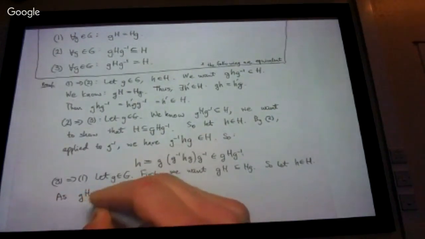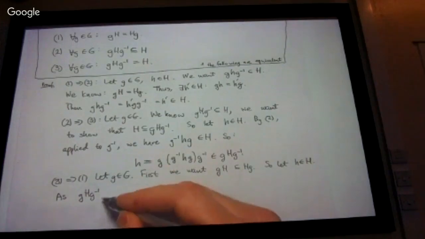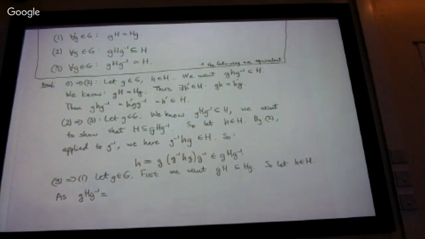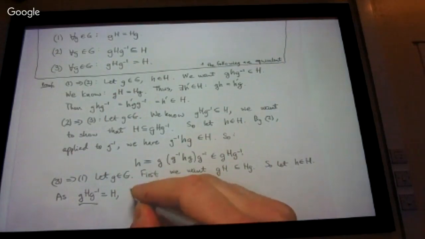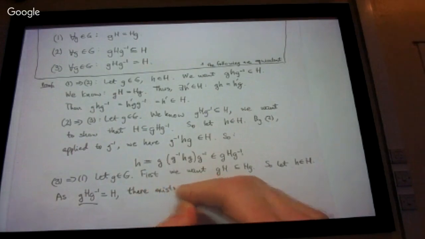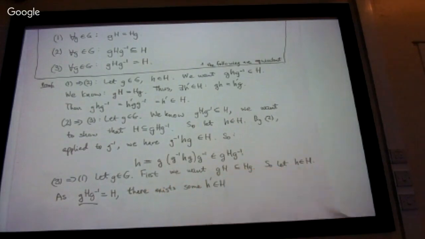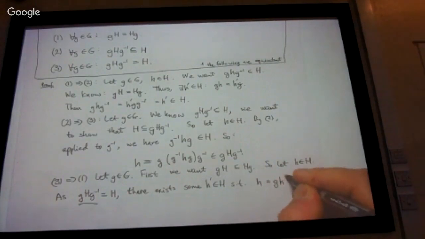So what is g h g inverse? Now, where's h from? h is from H, so it's from here as well. So we have to be able to write it in the form g, some other h, g inverse. So there exists something in H such that our chosen h is g, that other h, g inverse.